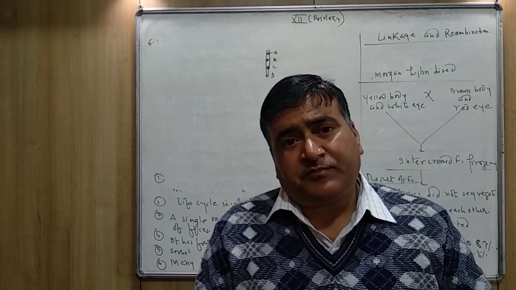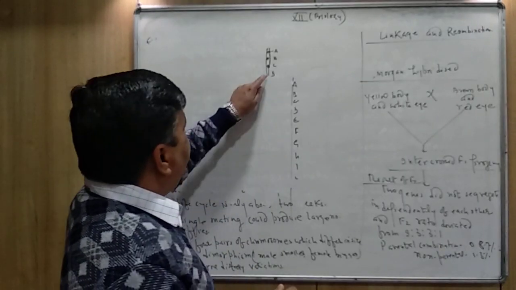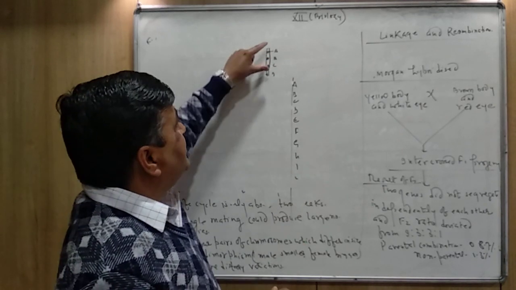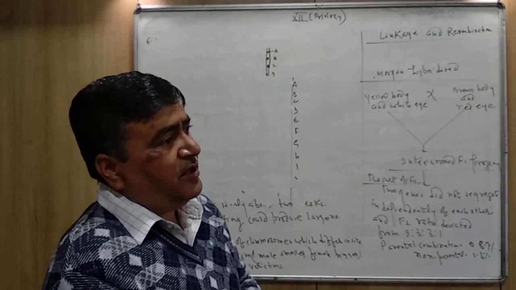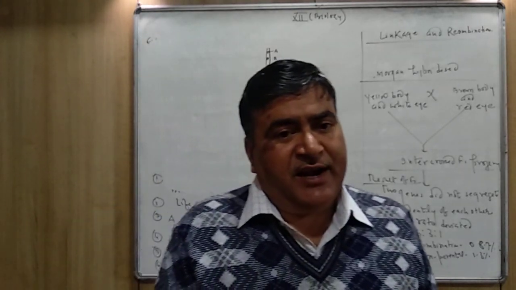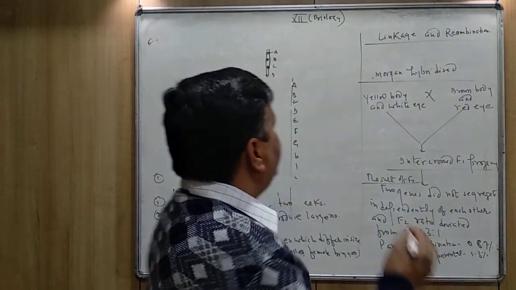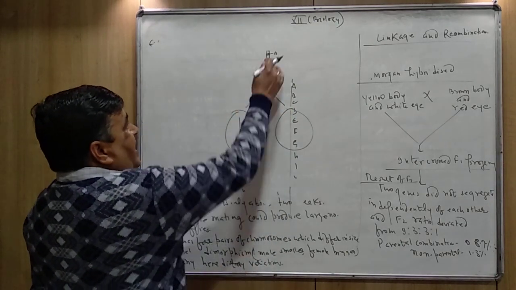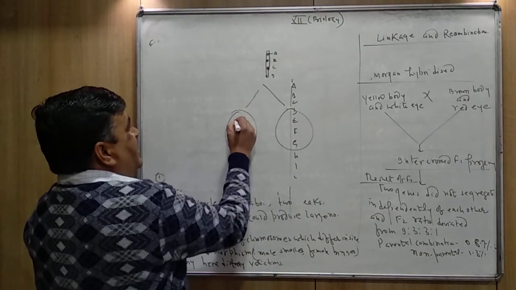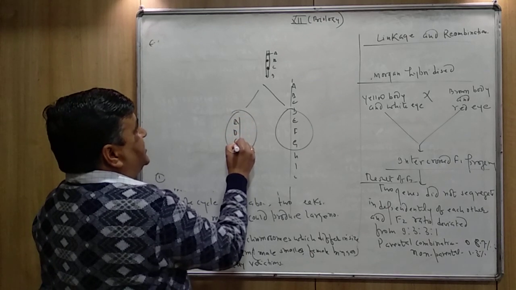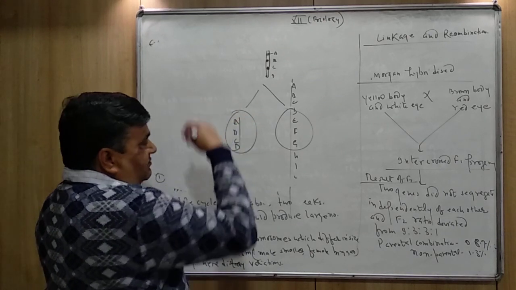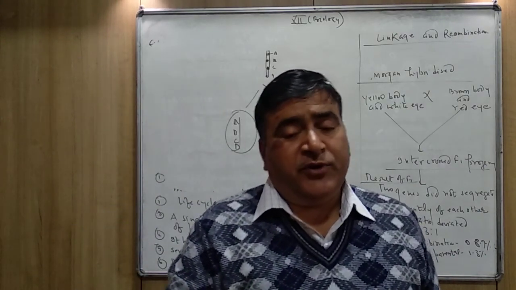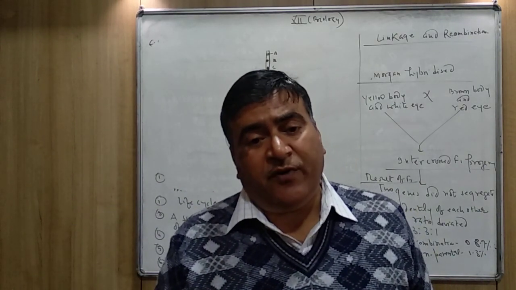linked genes. And suppose A, B, C, D, all these genes are located on the same chromosome. At the time of segregation, at the time of gamete formation, when the gametes are going to be produced, and all the genes like A, B, C, D come inside the gamete together, this is said to be what?